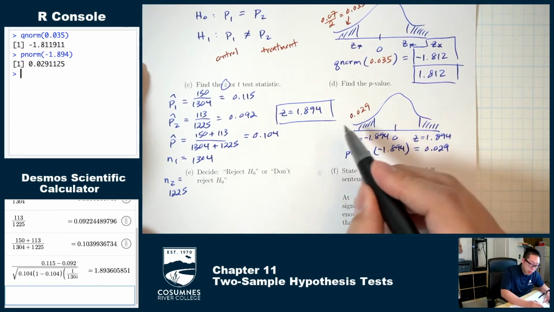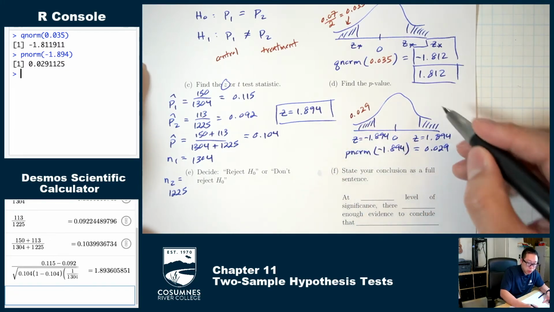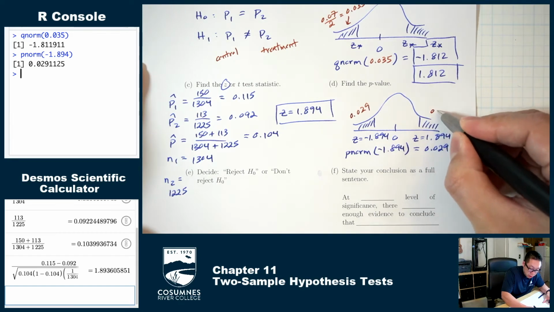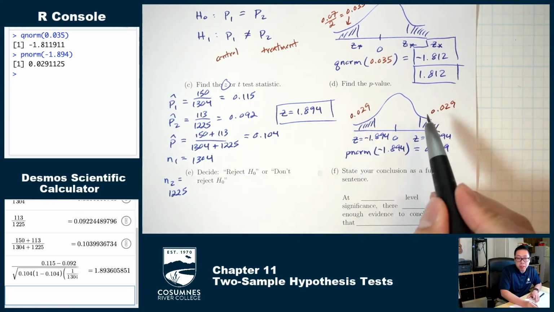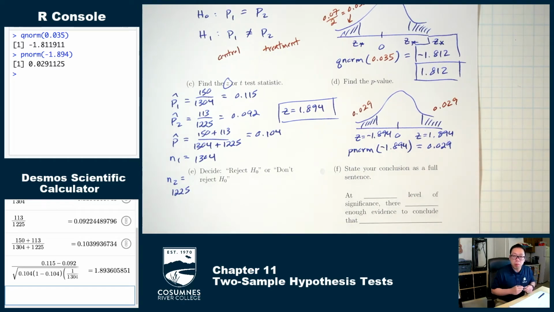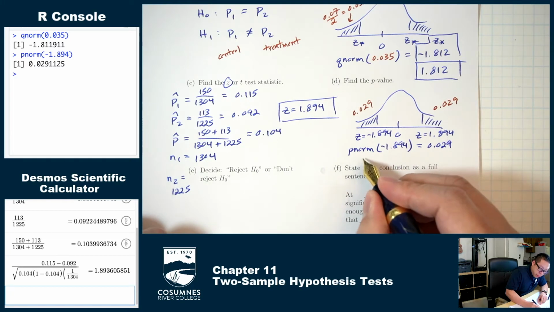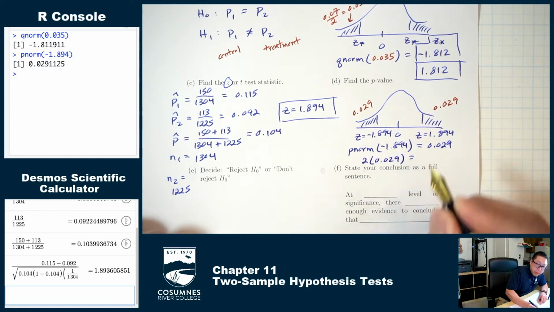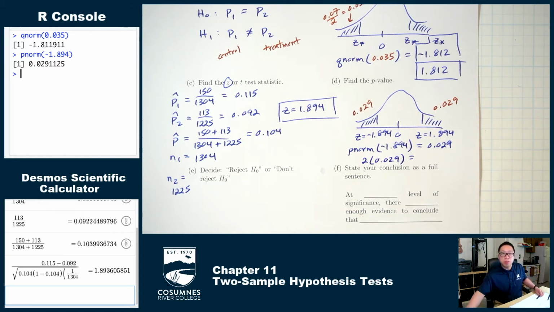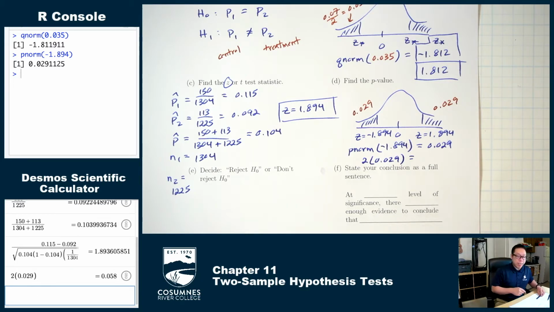All right, so if the left one is 0.029, the one on the right by symmetry is also 0.029. And then either add those two things up or take one of them and multiply it by 2. So I'm going to multiply by 2. Right, so 2 times 0.029, 0.058.